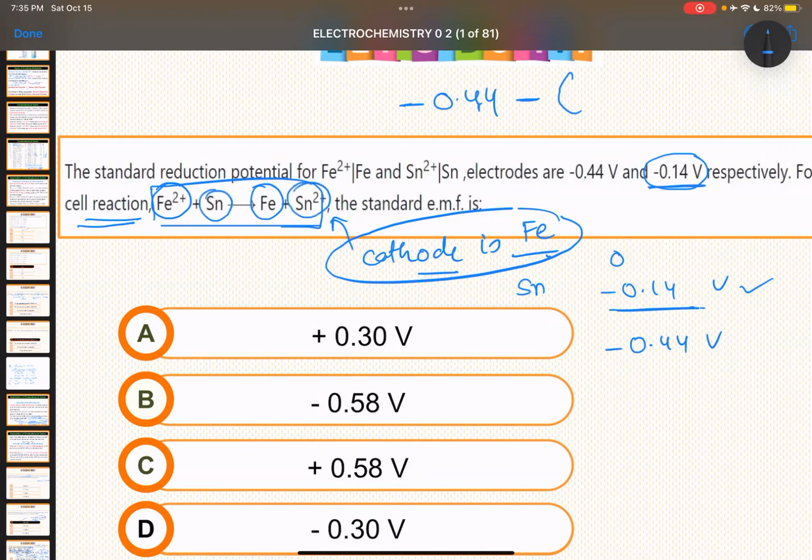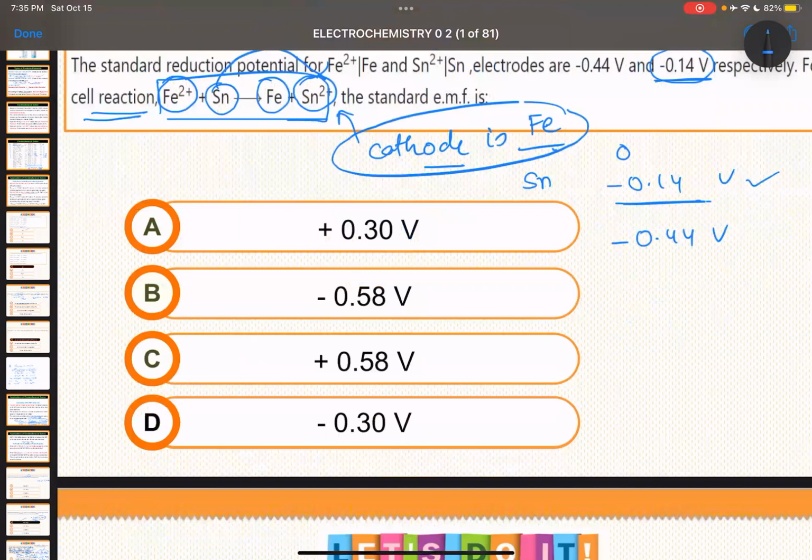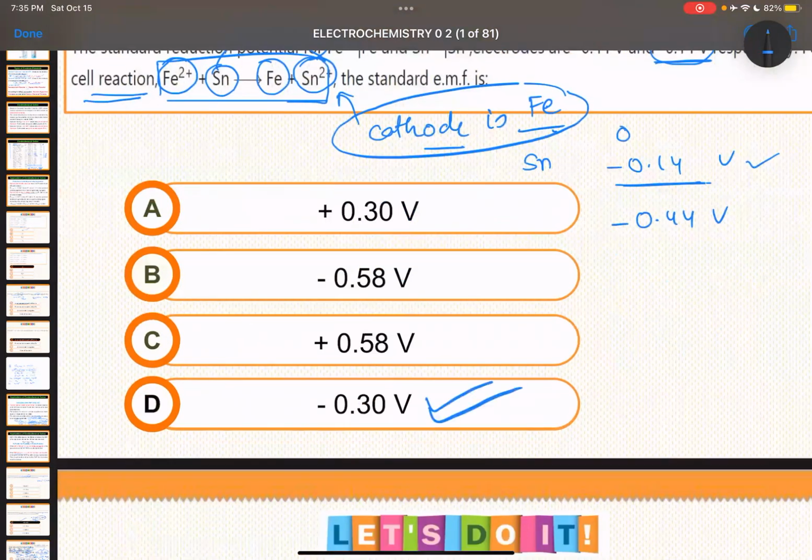Look here, it is losing electrons. As per the equation, I'm going to work. So minus the reduction potential of the anode, that is going to be this one. So overall, it is going to be minus 0.3 volt.